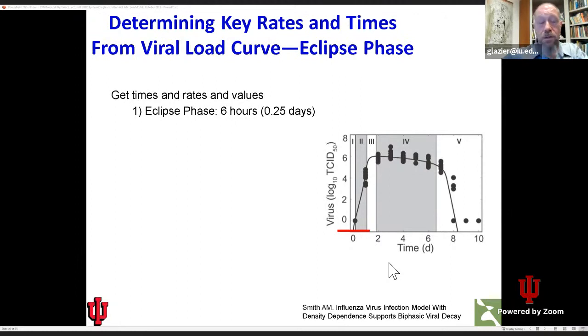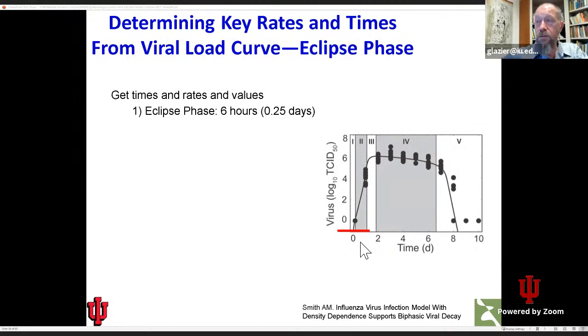What you really want to do is represent the phases of the viral infection. Here they're labeled 1, 2, 3, 4, 5. And for each phase of the infection, you want to get a sense of the rate, the duration, and the value.